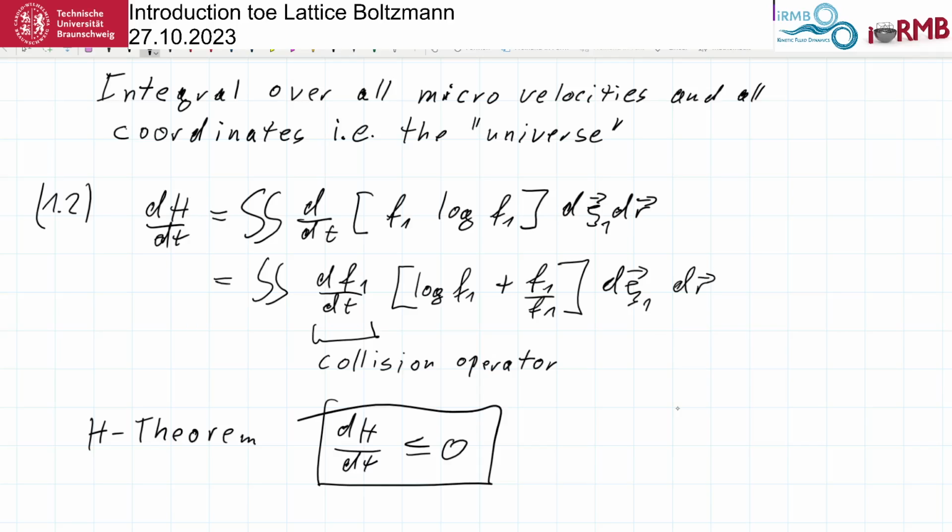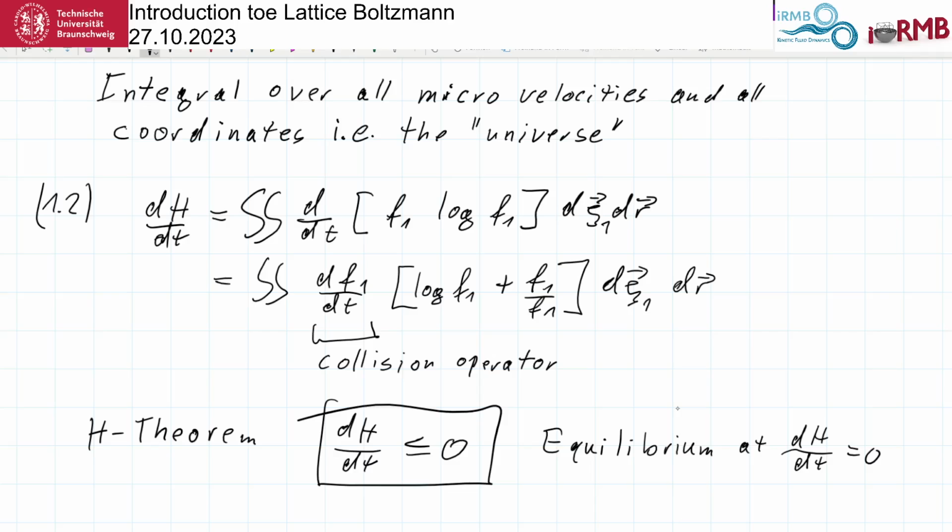And the equilibrium is the state at which it actually is 0. Yeah, the time derivative is 0. Okay, nothing changed.